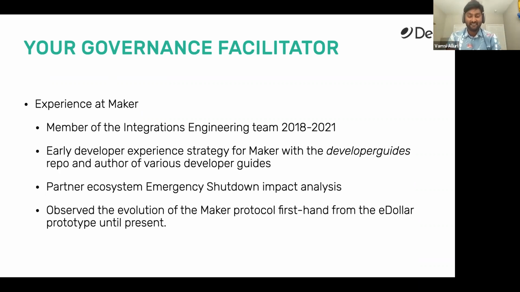Another thing that I'm proud of is I've been around Maker since pretty much the first white paper was published, and I've seen the evolution of the protocol, the smart contracts, the white paper, pretty much since the beginning.